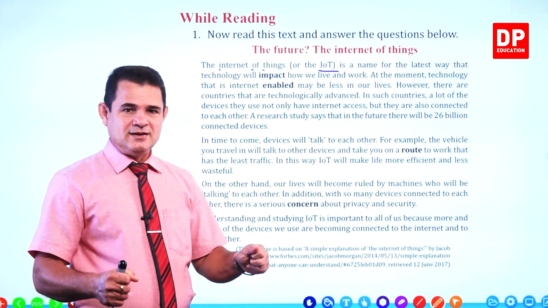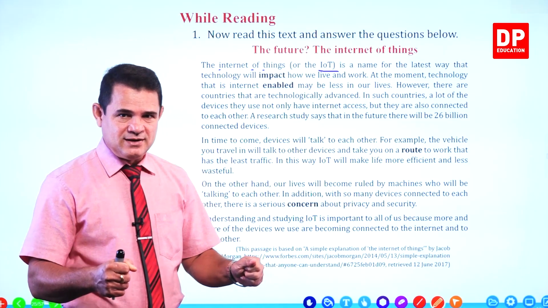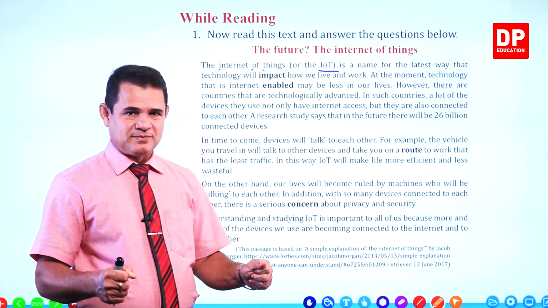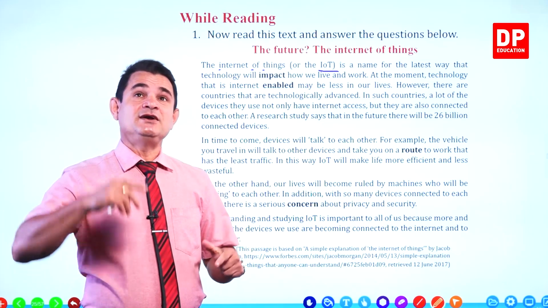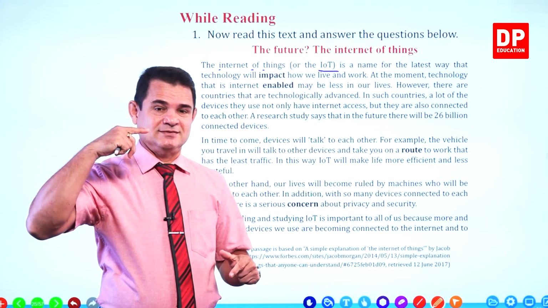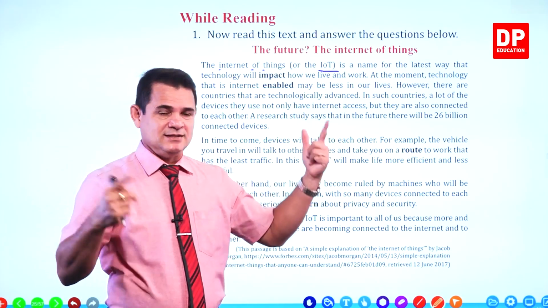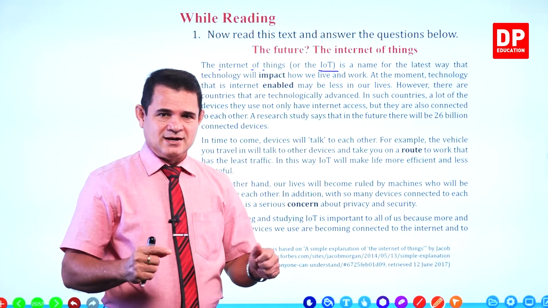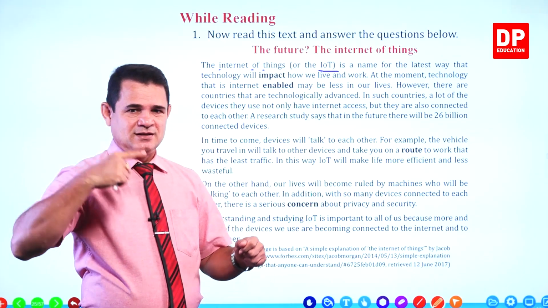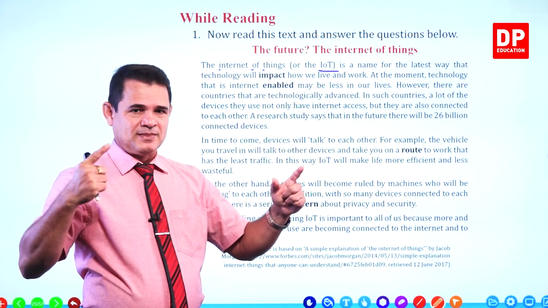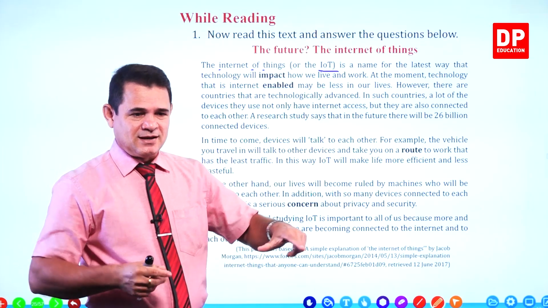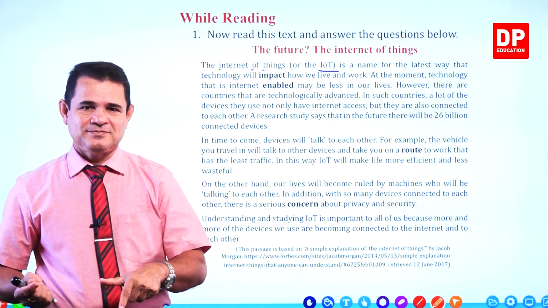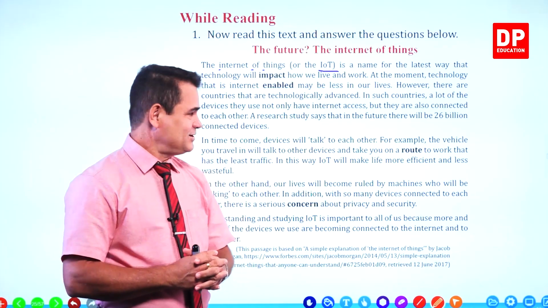So the vehicle, now you are driving, you are traveling, then maybe the road is full of traffic. The vehicle will talk to another device, can be satellite or any other thing. එතකොට තමන්ගේ වාහනේ වෙනත් device එකත් එක්ක connect වෙලා ඒකෙන් හොයනවා traffic අඩුම පාර මොකද්ද? එහෙනම් අපිව ඒ පැත්තට ගෙනියයි. That is the technology.